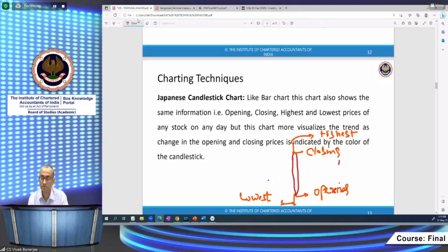Okay. So this way, the Japanese candlestick works. It is more preferable because it is indicated by color. Earlier, the bullish candles are shown by white color and the bearish candles are shown by black color. What are bullish candles? Bullish candles are those candles in which the closing price is more than the opening price.